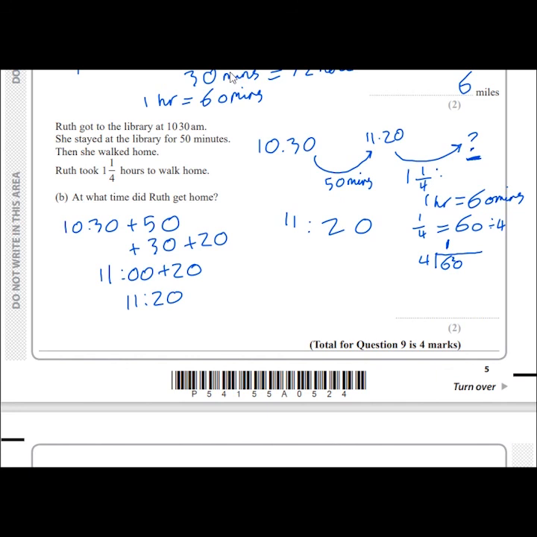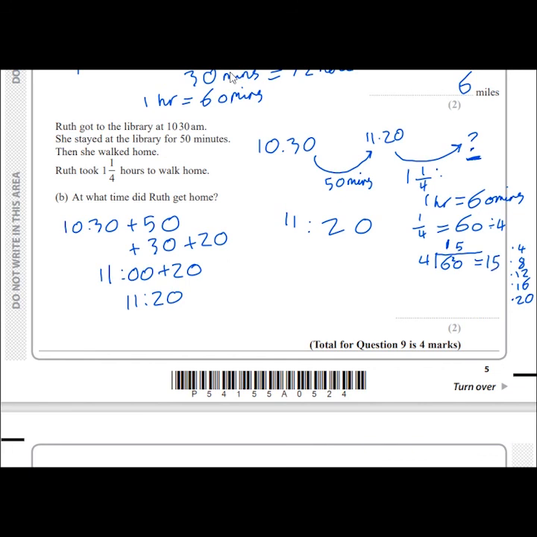If we do our 4 times tables, we get 4, 8, 12, 16, 20. So that's 1, 2, 3, 4, 5 times. So we get a 5 here. And sure enough, we get that 1/4 of an hour is 15 minutes. So I'll just put equals 15 here.